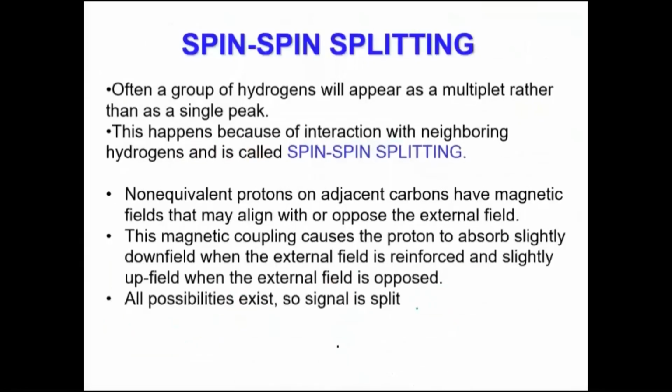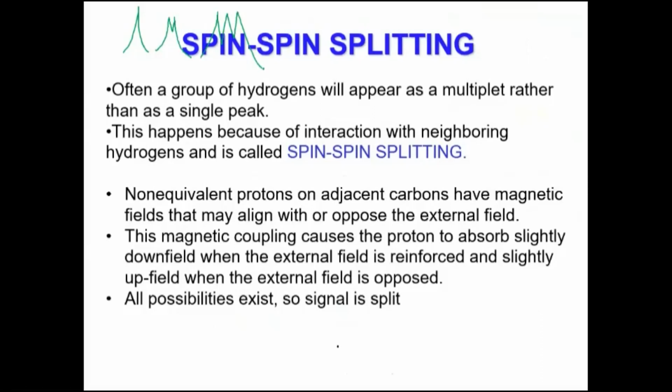Next point, spin-spin splitting. Often a hydrogen which is present in the molecule may give a signal consisting of a single peak, or it may give a signal consisting of multiple peaks. This is called splitting of the signal.